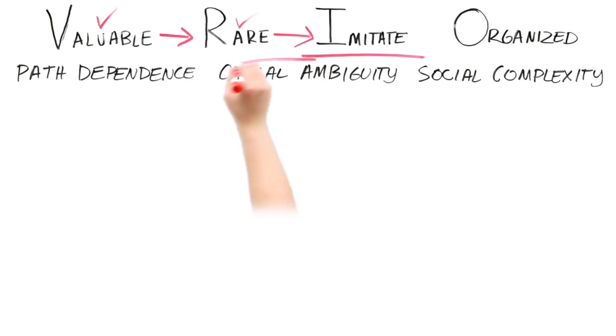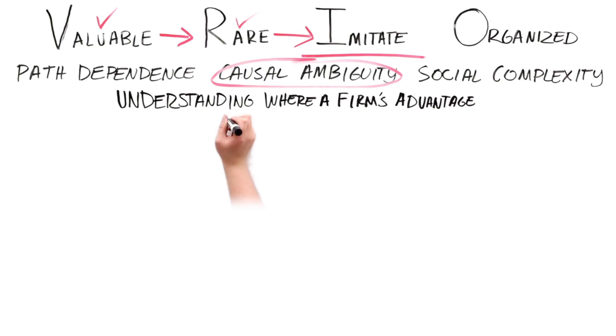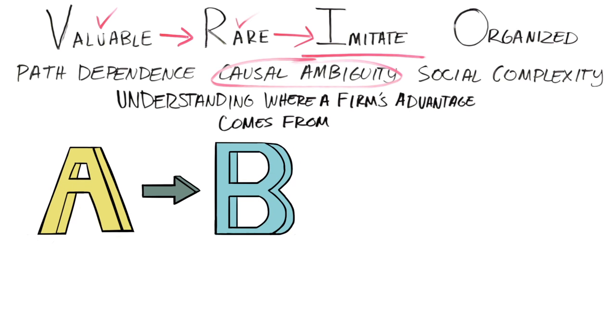Second, causal ambiguity describes the problem with understanding exactly where a firm's advantage comes from. Causality refers to the notion that one thing causes another. A leads to B. Sometimes, however, the causal relationship between variable A and outcome B is unclear or difficult to disentangle. This is causal ambiguity.